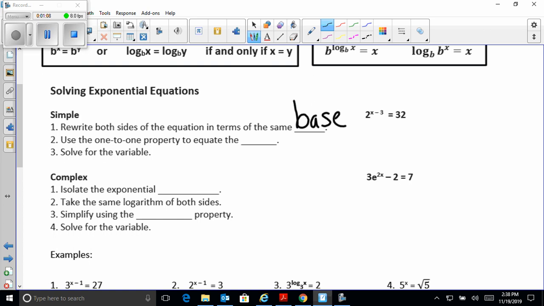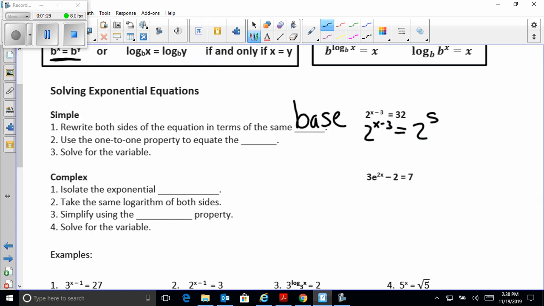So if I'm looking at this, I have 2, that's my base, to the x minus 3. Can I write 32 as a power of 2? And I can, 2 to the 5th. So if you can do that, it's a simple problem. Now we use the one-to-one property, which goes right up to here.